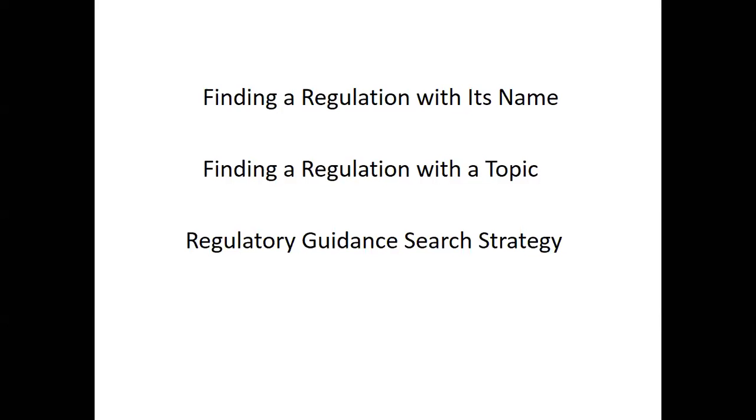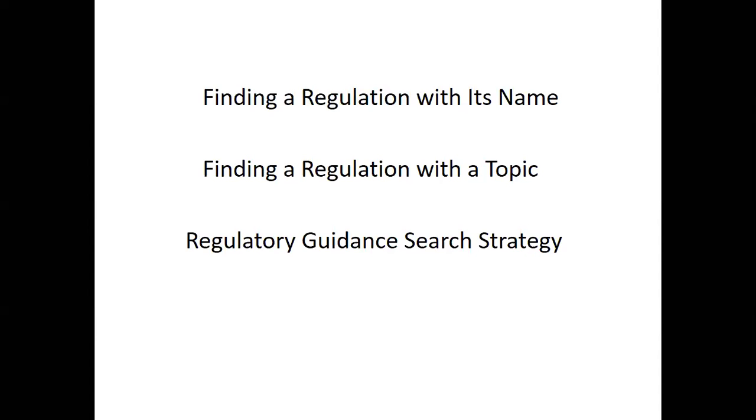And just like with the case law that we mentioned, if you have a particular topic, and we'll use the Environmental Protection Agency again, you could put in clean air, and a lot of the administrative regulations under the EPA would come up with a topic search.